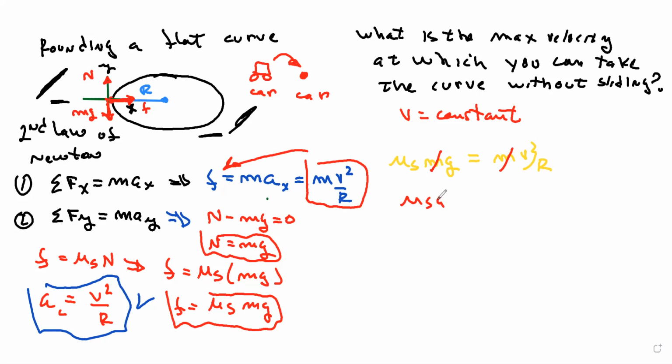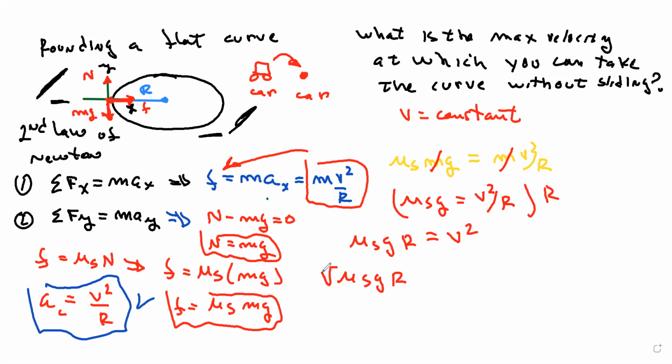And mu s g is equal to v squared over r. And you multiply everything by r here. So mu s g r is equal to v squared. And the square root of mu s g r is equal to the velocity, and that's the maximum velocity that you can achieve without sliding.